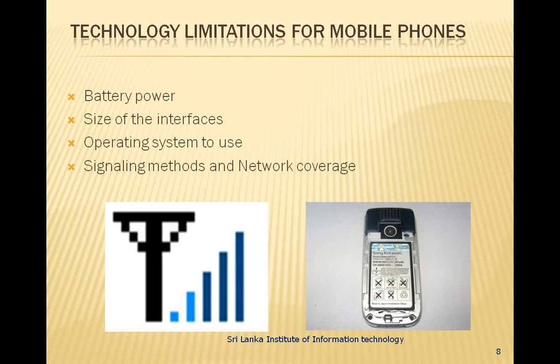The phone display is limited. When creating applications, the size of the interfaces used plays a major role because the content must be visible and appropriate. Next one is operating systems. The operating system must be appropriate to the technologies used and user-friendly. And the other one is signaling methods and network coverage.